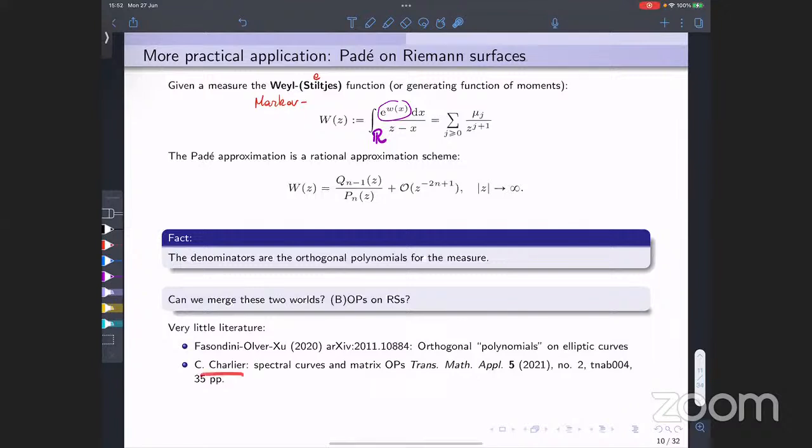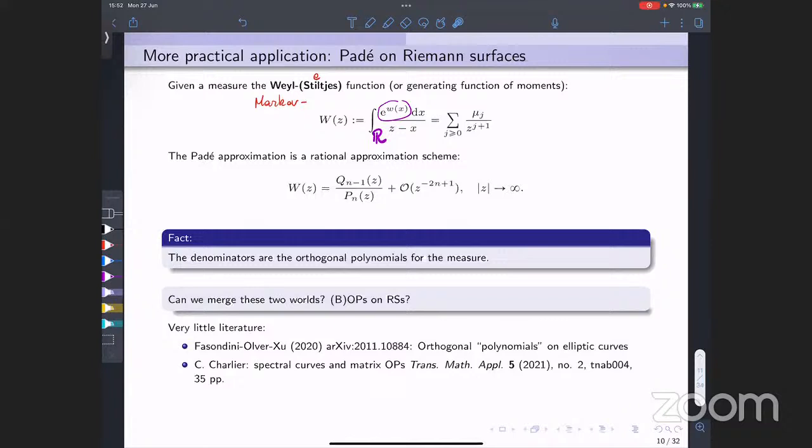And Charlier realized, and also implicitly, before them Keulers and Deutz realized also, that these matrix orthogonal polynomials in the plane can be interpreted as actually scalar orthogonal, quote-unquote, objects, polynomials, let's say, or really they're sections of certain line bundles on a Riemann surface, which is not quite, but just for the sake of the discussion, is the spectral curve of the weight matrix.